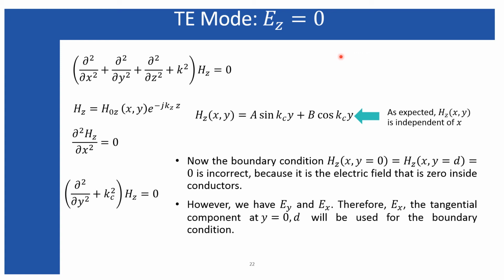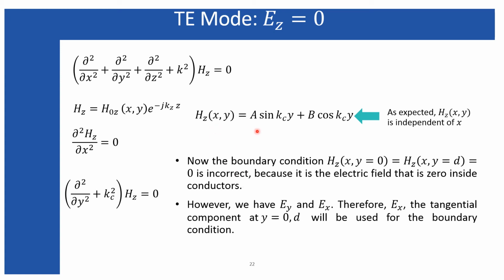But we cannot apply the boundary condition for Hz, that is Hz equal to 0 at y equal to 0 and y equal to d, because these two plates are made of conductors. Only the tangential component of the electric field can be 0 for this conductor. So be careful, you cannot apply the boundary conditions directly for the magnetic field.